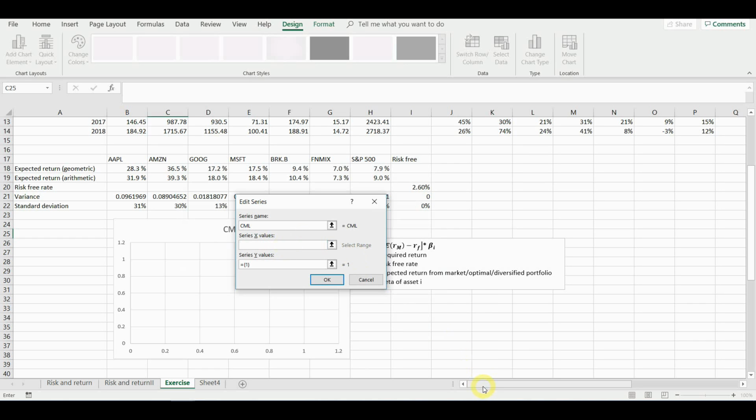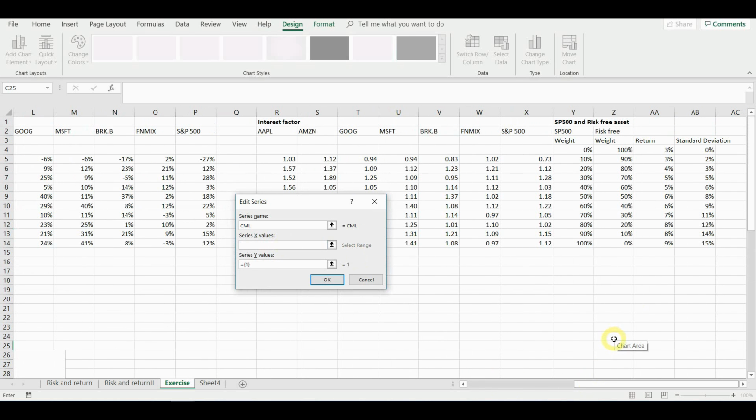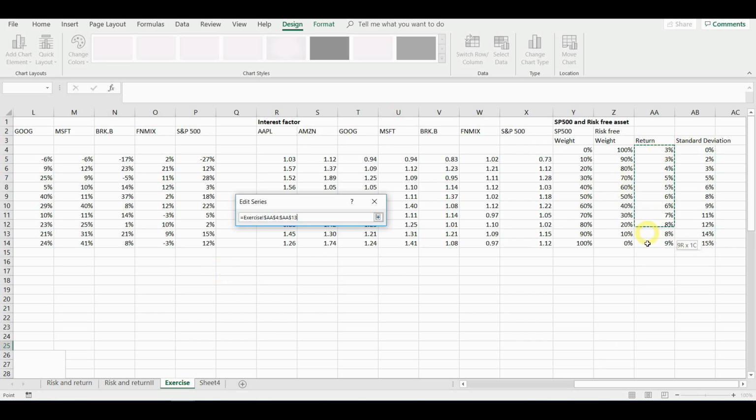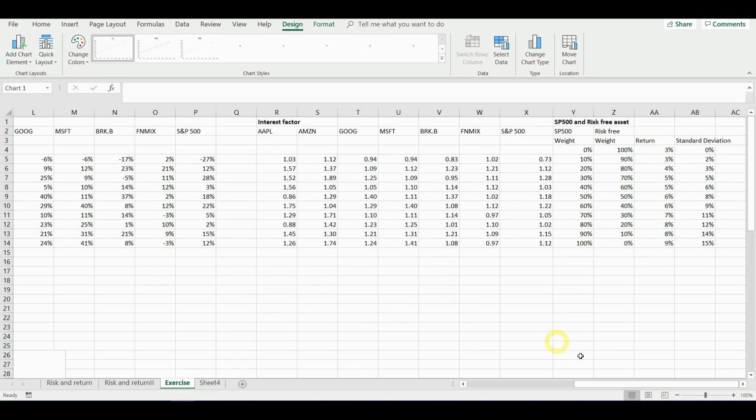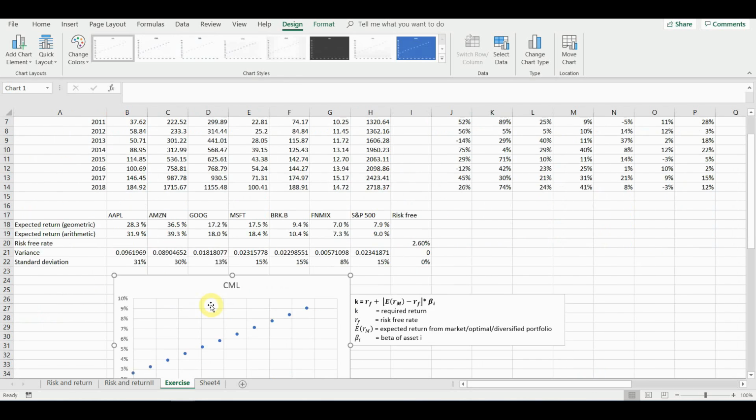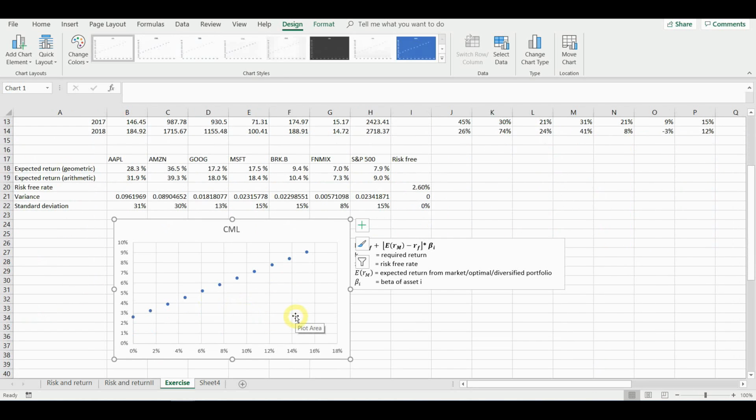X value will be the standard deviation and Y value will be the return. Add some labels.